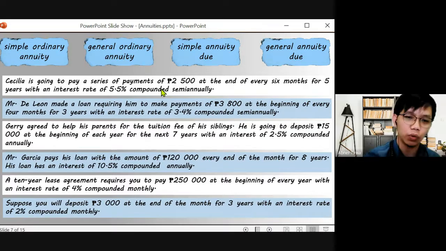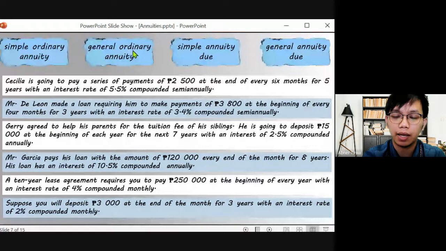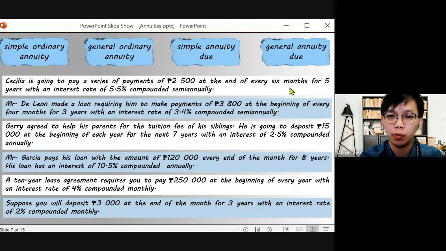Okay, thank you. Tama. So for our first here, we have simple ordinary annuity. First we're going to identify if ordinary or annuity due. Sabi dito, the payment is made at the end. Therefore, pag end, that is ordinary. And then we're going to categorize if simple or general. So i-compare natin yung payment interval and interest period. Ano ba yung payment interval dito?